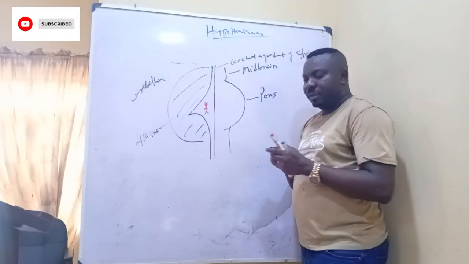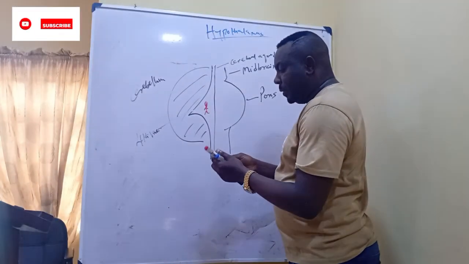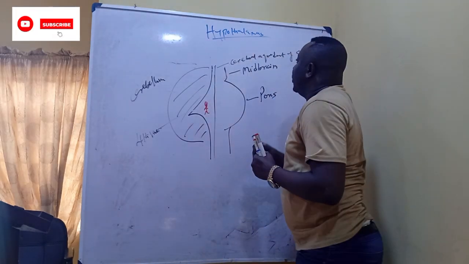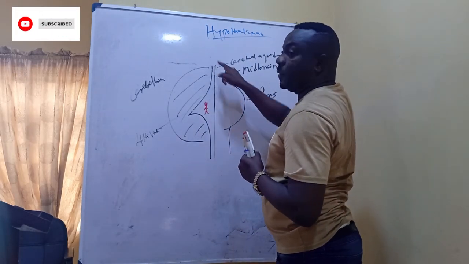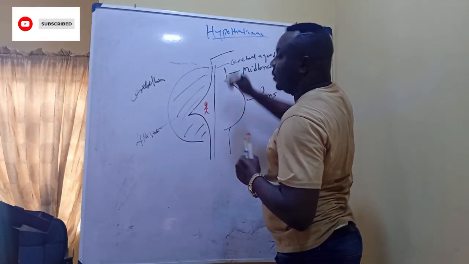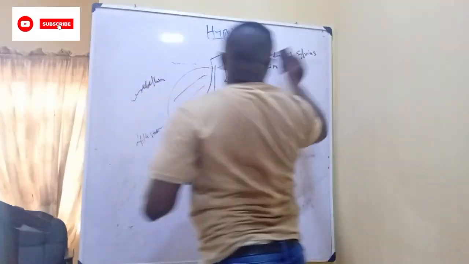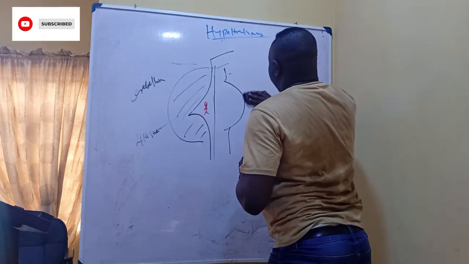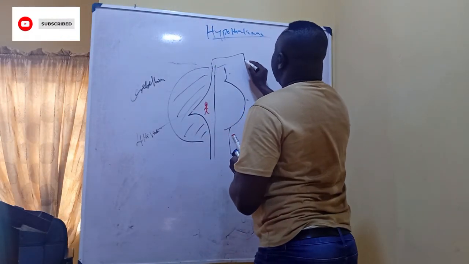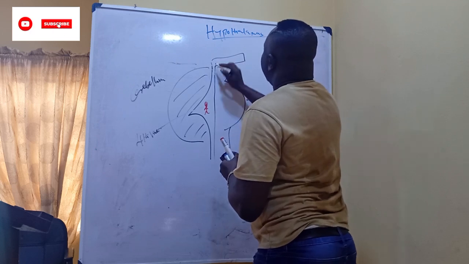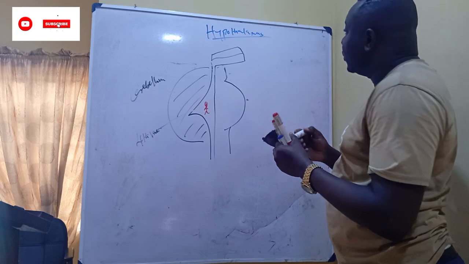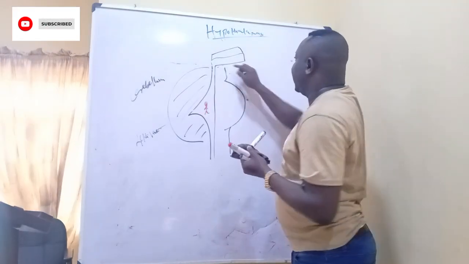When you pass through the cerebral aqueduct of Sylvius, you get to what we call the third ventricle, right? Yes, sir.